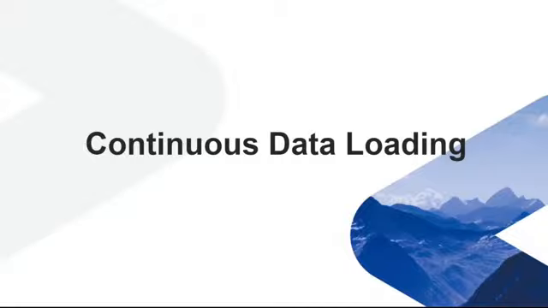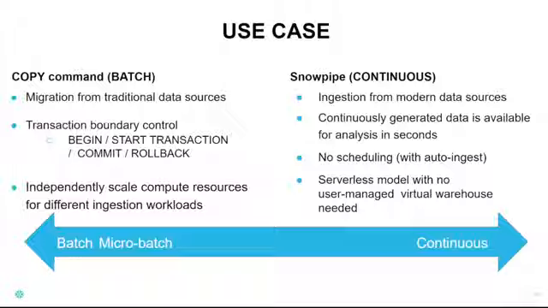Now let's see the second approach, where we want to load the data continuously into our Snowflake. That can be done through Snowpipe. So this is the use case where you can apply either the copy command or Snowpipe. If you are migrating from traditional data sources where the data is coming in batches, you can use the copy command option to load the data in batches.